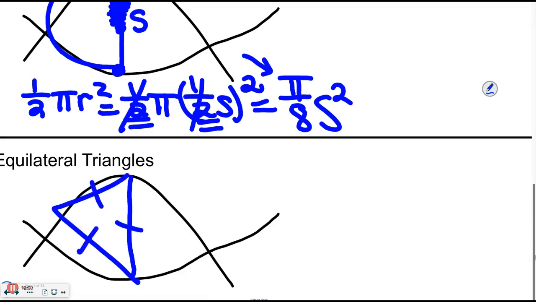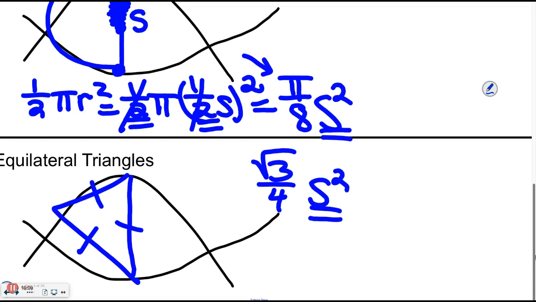This one rarely gets asked on the AP exam, but it's √3/4 and then a side squared. You'll notice they all have that s squared in them. It's just whether it's squares, just s squared. Isosceles triangles, either 1/2 or 1/4. Semicircles, pi/8 multiplier, and the equilateral triangles has a √3/4.